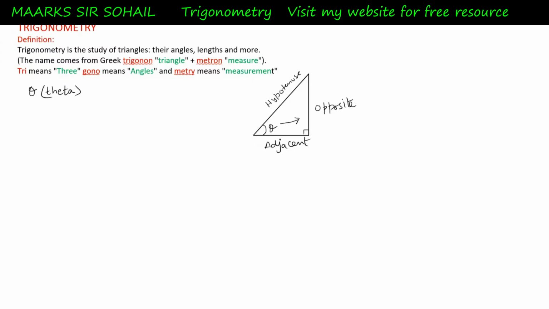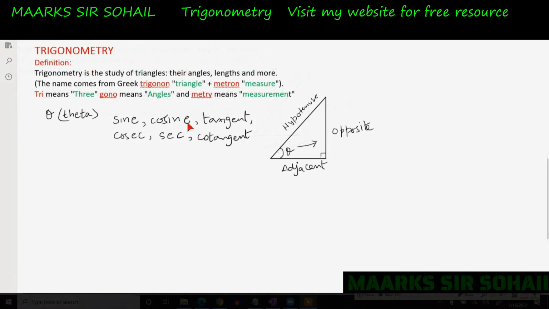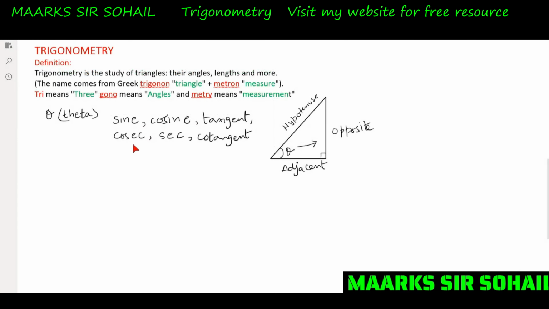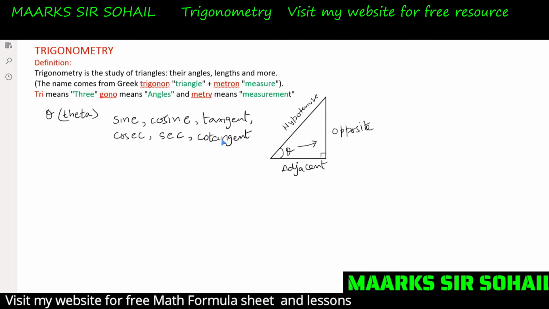Now we basically have 6 trigonometric ratios. First one is sine, then we have cosine, tangent, cosec, sec and cotangent. We usually first talk about sine.